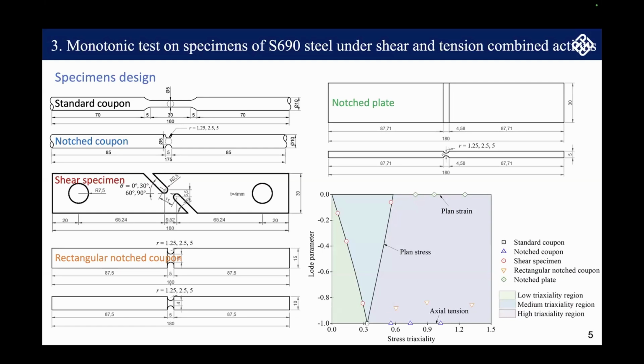Then we designed five specimens with different notch parts to make sure the fracture initiation point is under different stress combinations. For example, the standard coupon and notch coupon, because they are under axial tension action, lie on the bottom line where the Lode parameter equals -1. When the radius of the notch changes, the stress triaxiality increases.